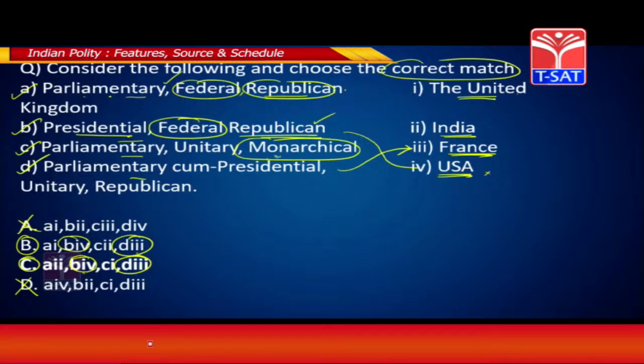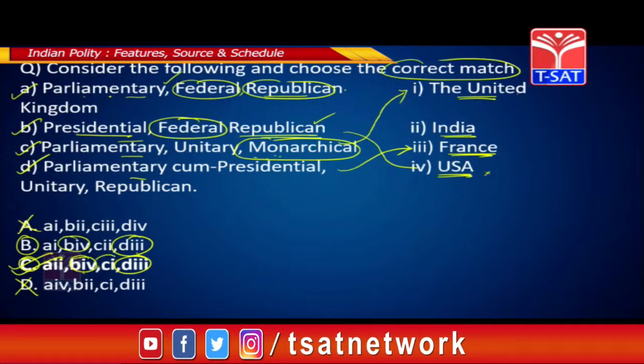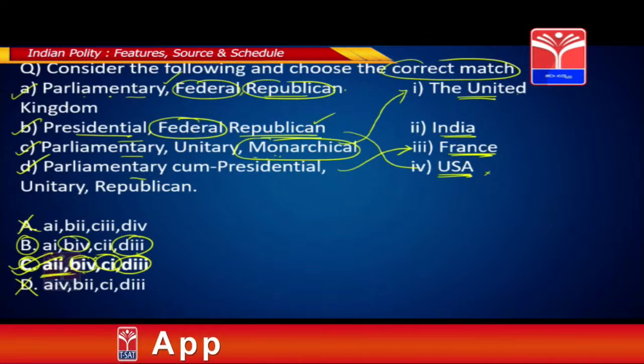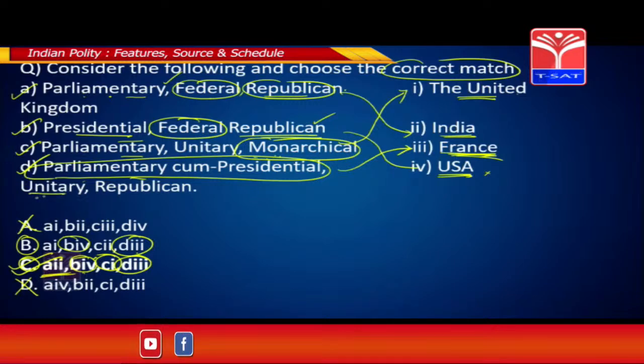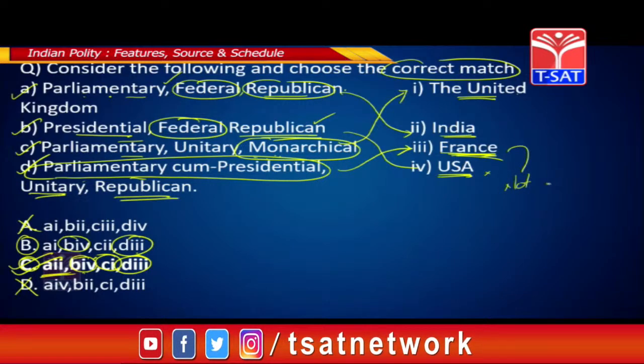So monarch is something UK. So C is 1. So answer is C. Okay. This is India. Look at France. France is parliamentary cum presidential, unitary and republic. So France is not a federal country, not a federation.